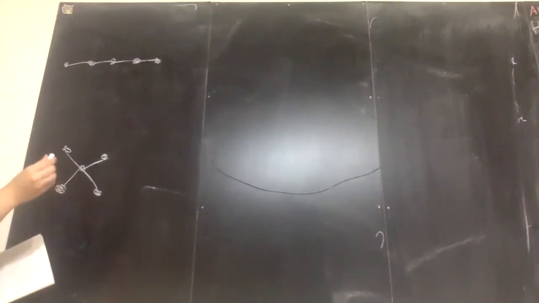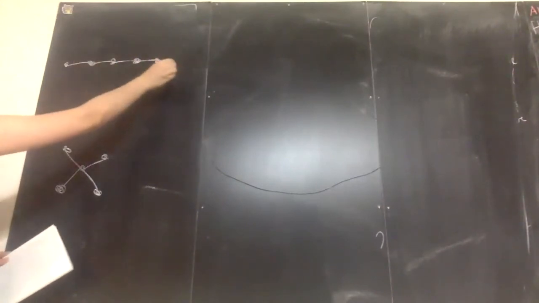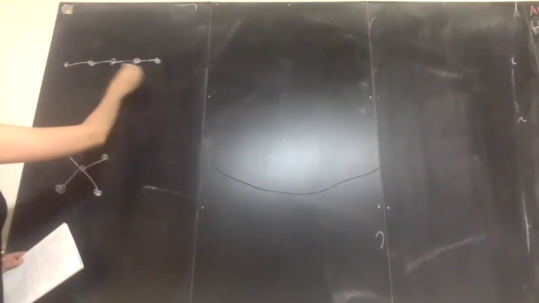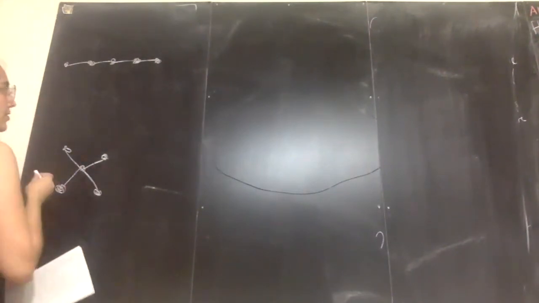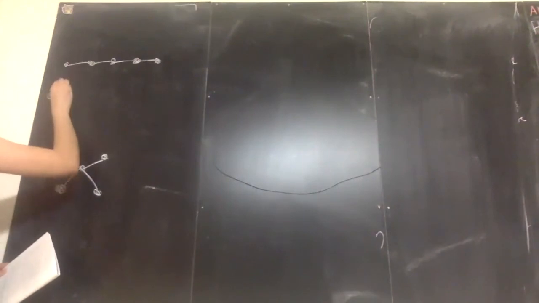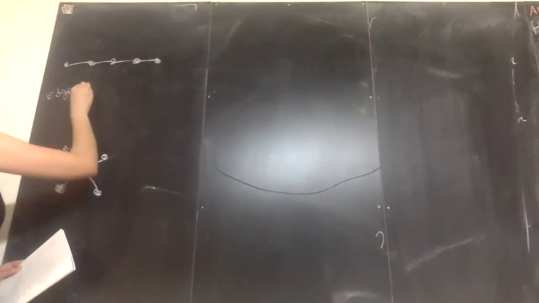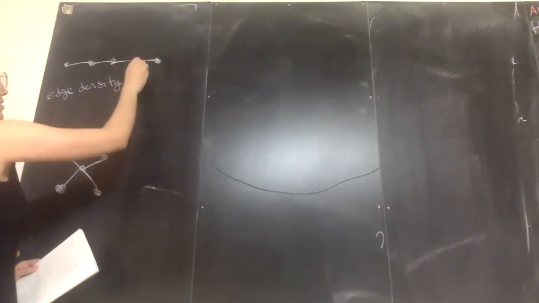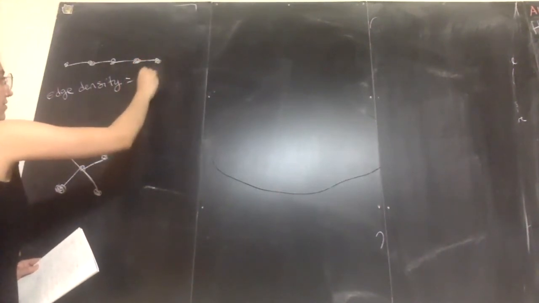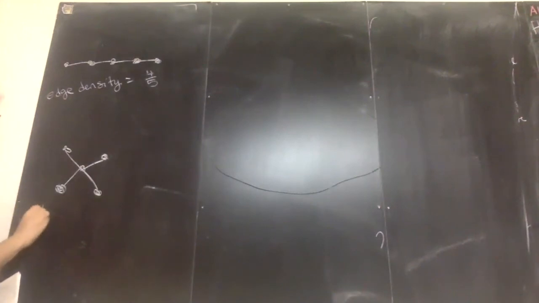So here you can see that they both have 5 nodes and 1, 2, 3, 4 edges. So their edge density is 4/5 for both of them.